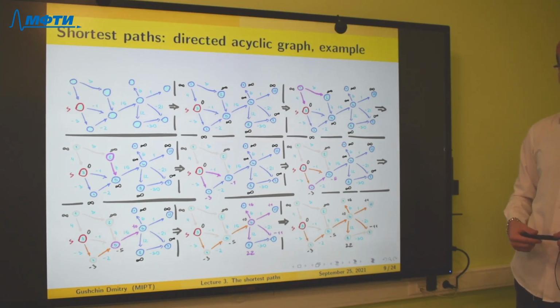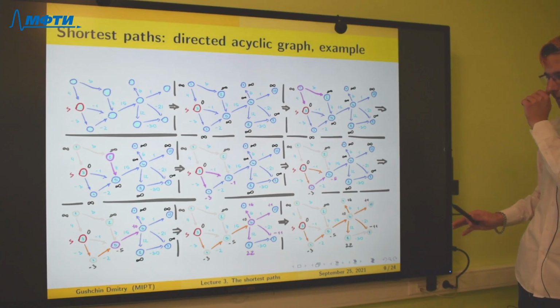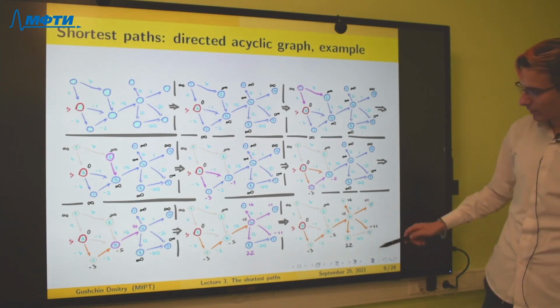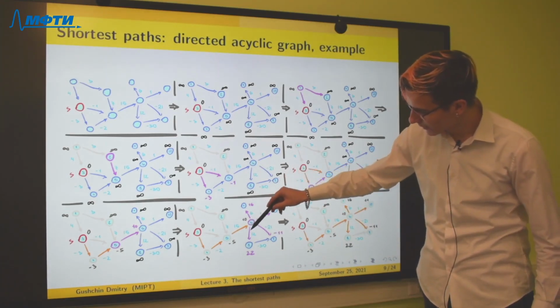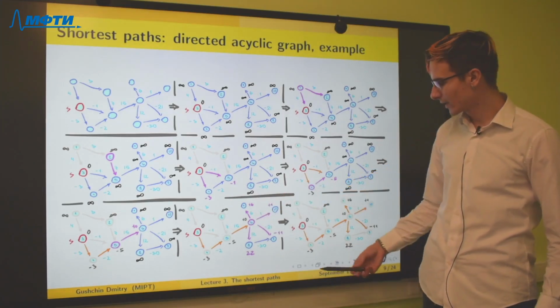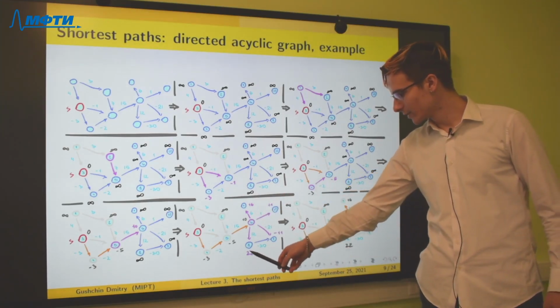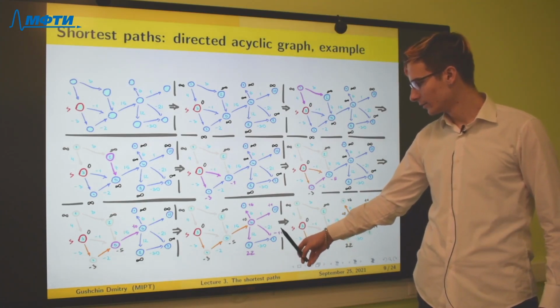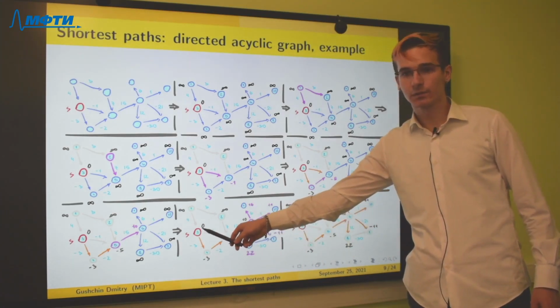All is understandable now. Nice. So then we relax all the edges incident to the sixth vertex, and we set a new distance between these vertices and the source.